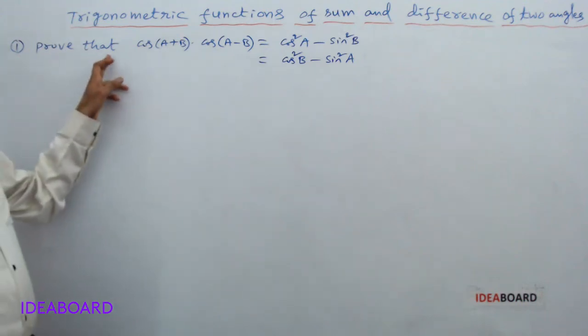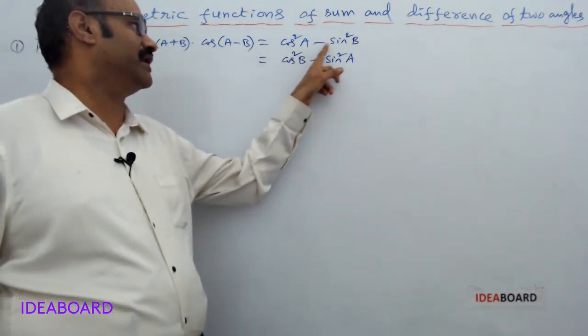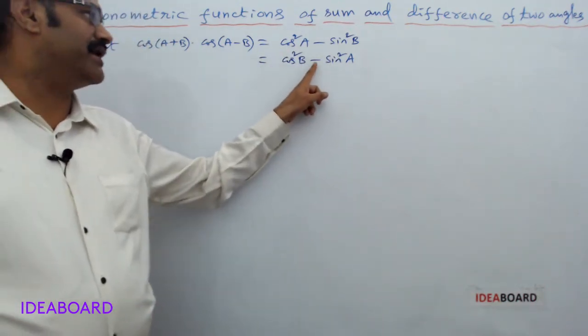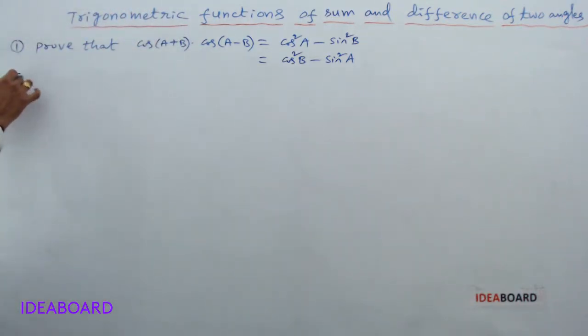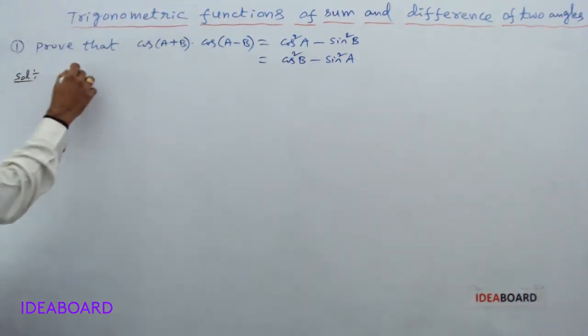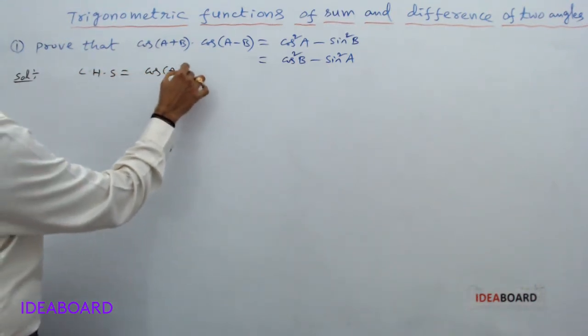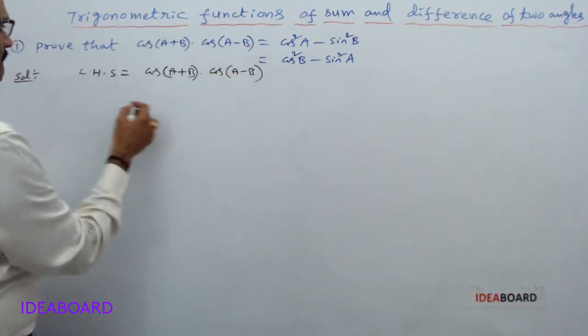Next one, prove that cos(A+B) into cos(A−B) equal to cos² A minus sin² B equal to cos² B minus sin² A. LHS equal to cos of (A+B) into cos of (A−B).